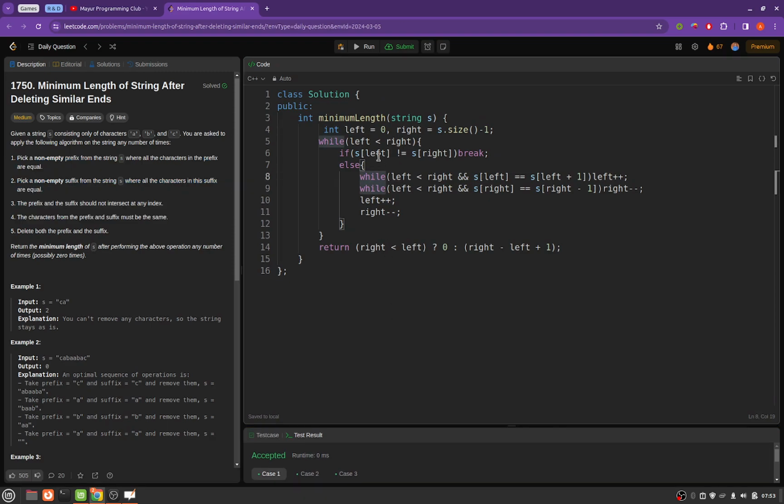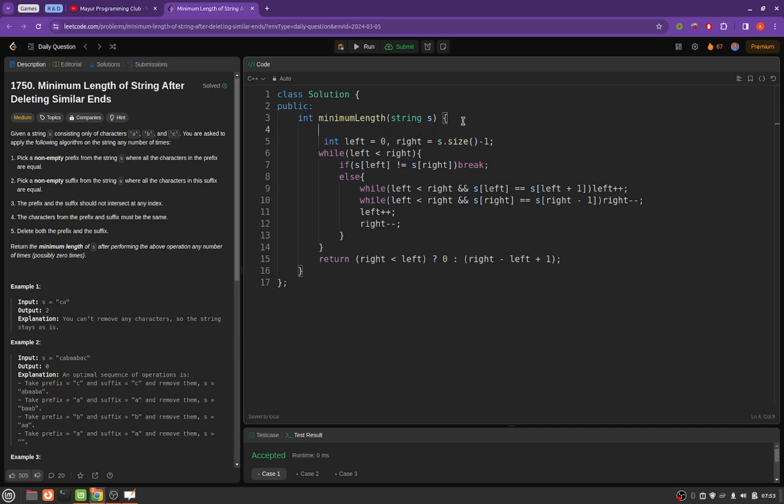So this is what we will be doing, starting from the very left and the very right ends of the string and placing pointers there, and then we will keep doing whatever the problem statement is telling us.